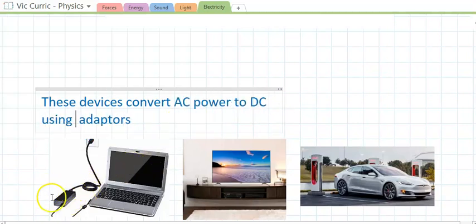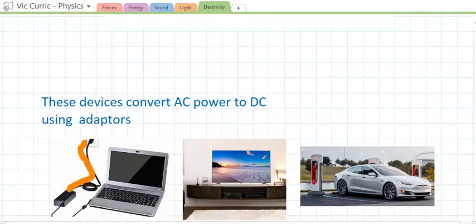So that little black box there, when you're charging your laptop, it's taking the AC power and using different components, it's converting it to DC for the laptop to use. And actually modern TVs do the same, because they use LED lights, and LEDs can only run on a DC circuit. So TVs have an adapter built into them, you can't see it.